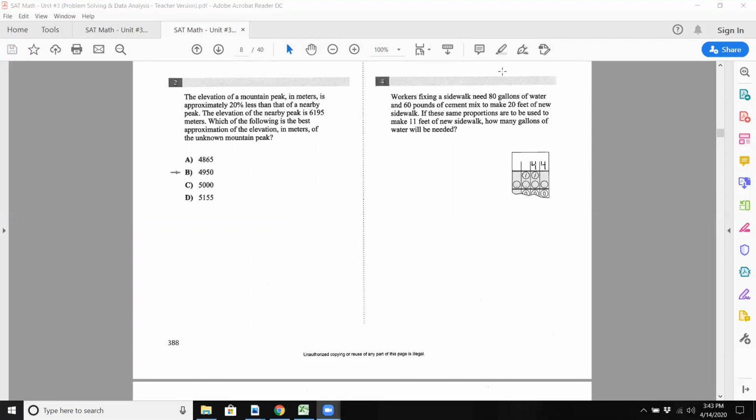And then for 4, the answer is 44. So they say that 80 gallons of water and 6 pounds of cement makes 20 feet of sidewalk. So if you want 11 feet of sidewalk, how much water do you need? So 80 gallons of H2O makes 20 feet.